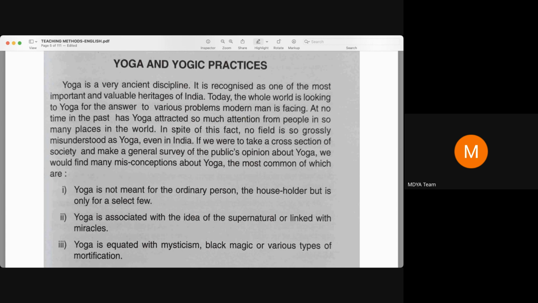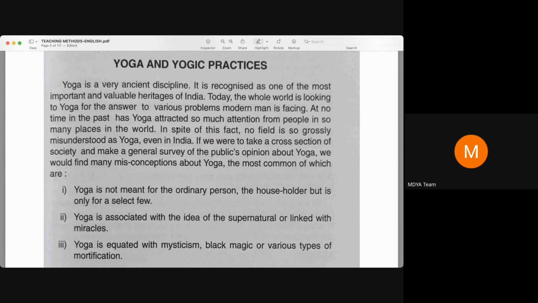Whether a person is a scientist or mathematician or astrologer or a bureaucrat or a politician, anyone should know something about yoga, and they must practice this beautiful art.